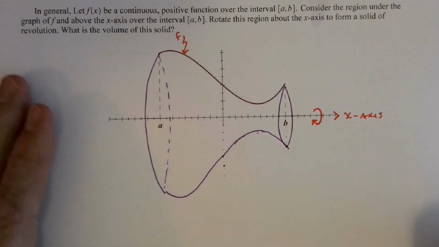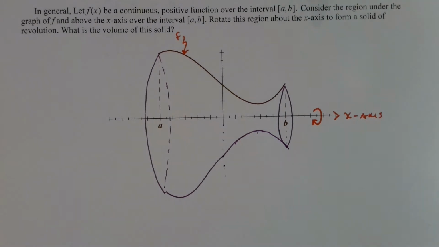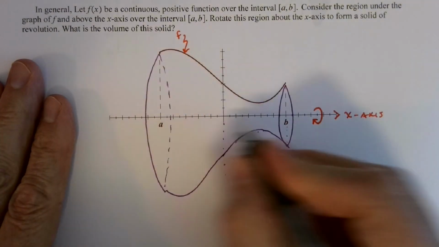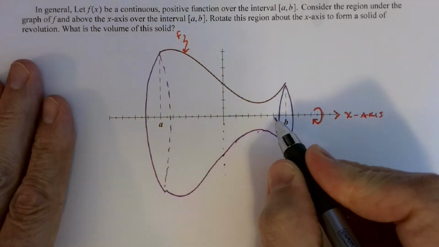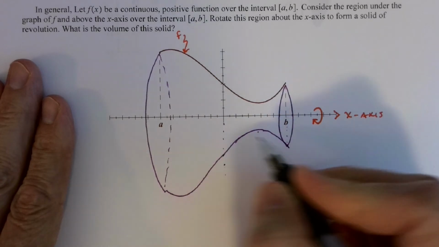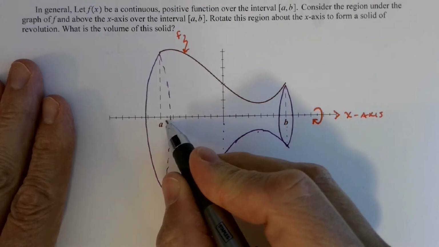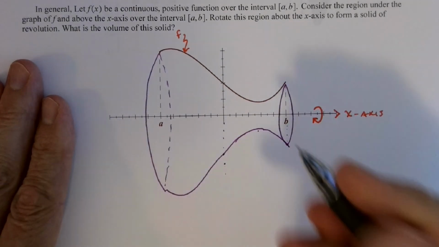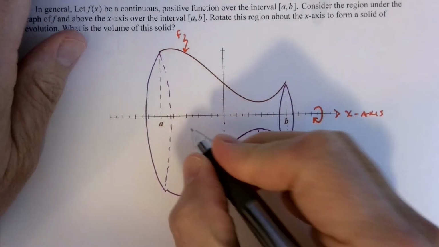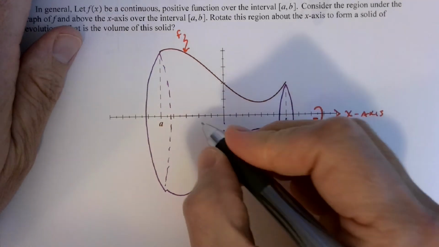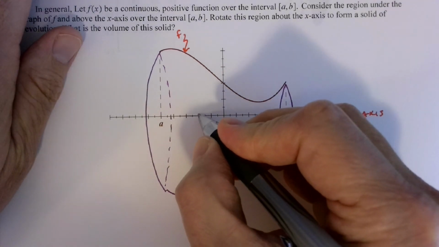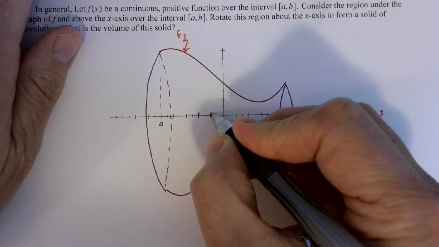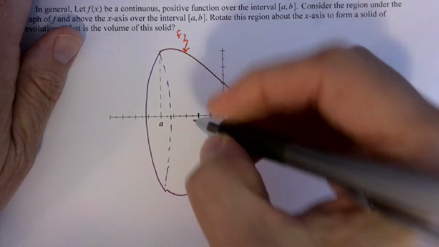And so how can we find the volume of this region? Well, again, from a to b, if we divide that up into n equal-width subintervals, I'm thinking of probability here. And one arbitrary subinterval may be here to here, the ith subinterval, we'll say.